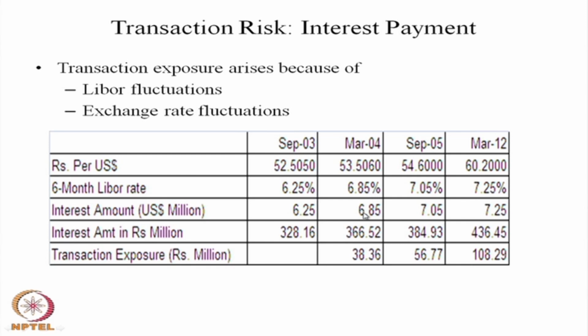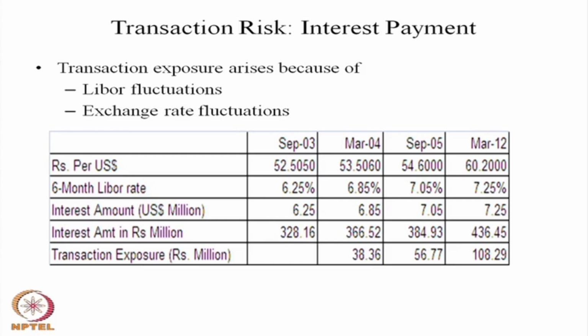So he has to pay 6.85 on $200 million, a 6 month interest. It becomes 366.52, but since the dollar has changed from 52.5050 to 53.5060, the difference is around 38.36, extra payment.